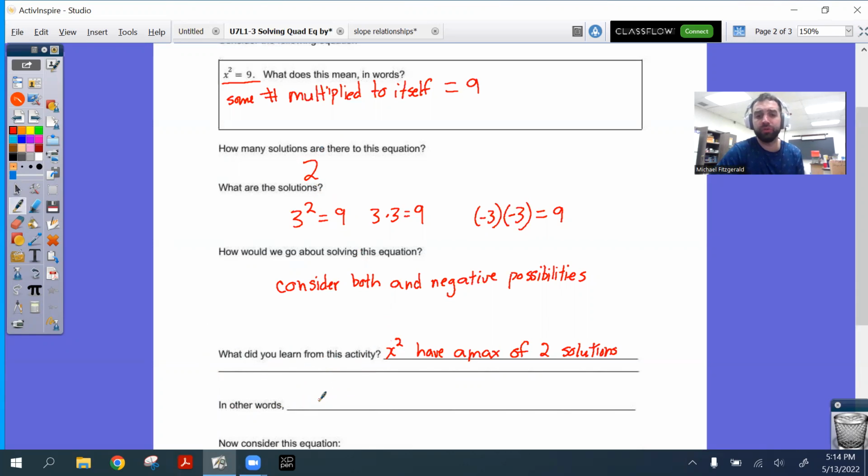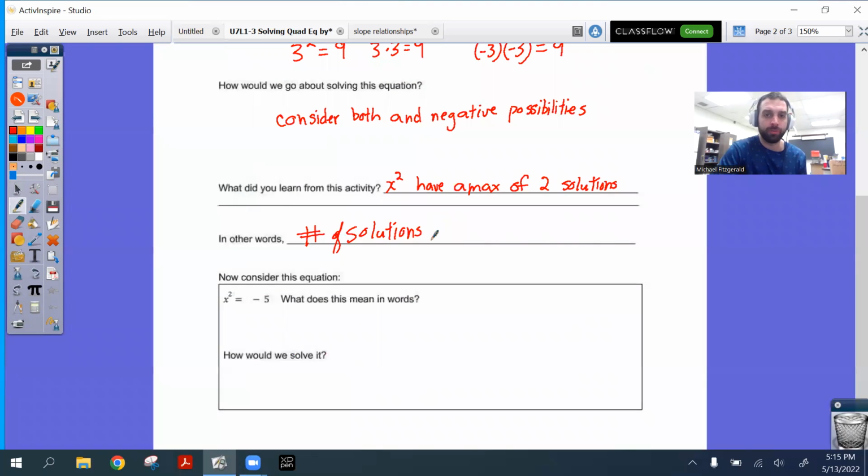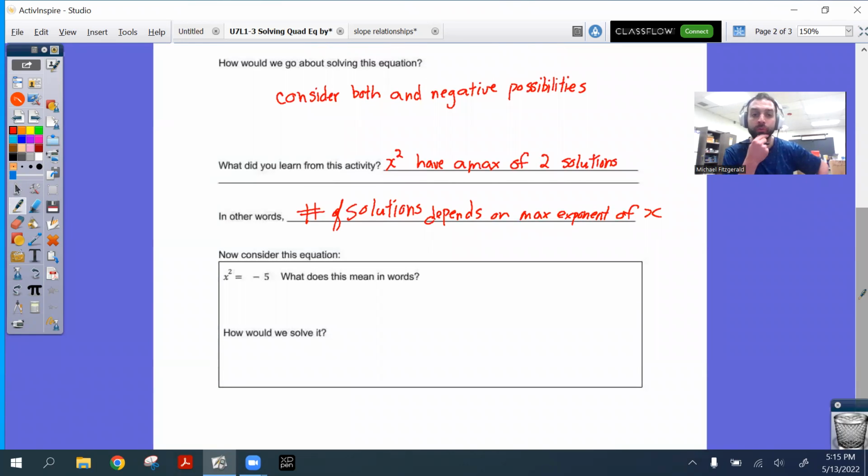The number of solutions to an equation is tied to that maximum power. So number of solutions depends on the maximum exponent of x. Seems simple enough, right? We're not going to be dealing with anything with a power greater than 2 yet, or for the rest of this course.